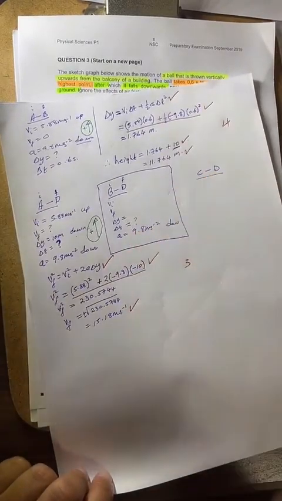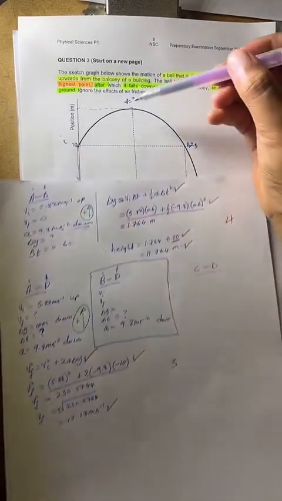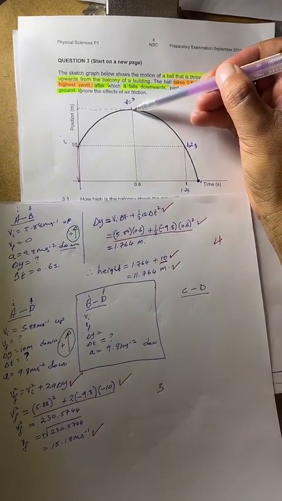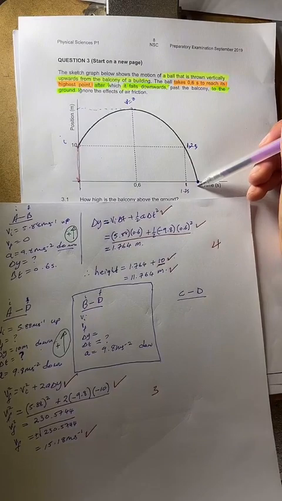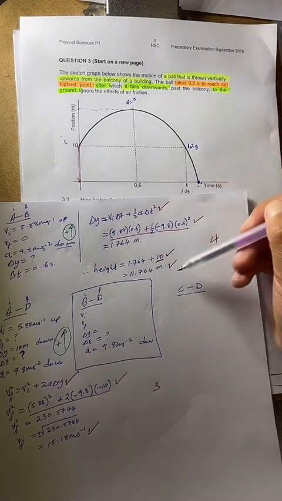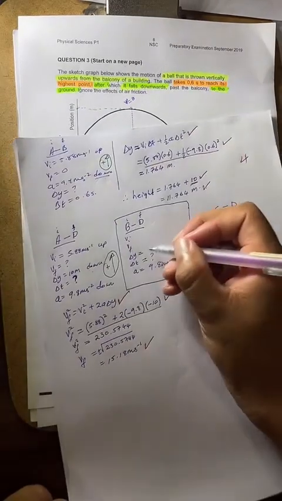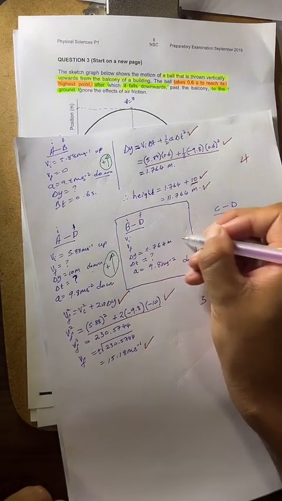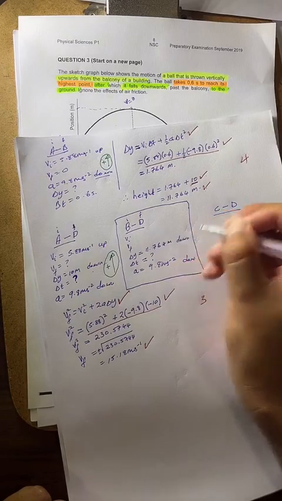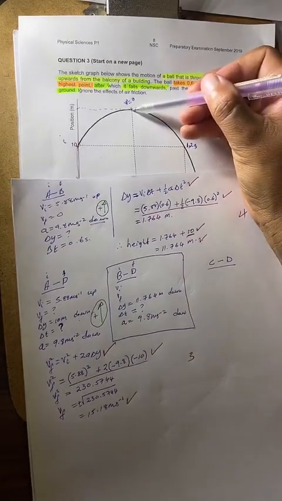The displacement of the object is from this point to that point. Now it's no longer 10. It is the displacement we calculated here, the maximum height. So that is 11.764 meters, and it's also in the downward direction because the object starts there. This is the initial part.